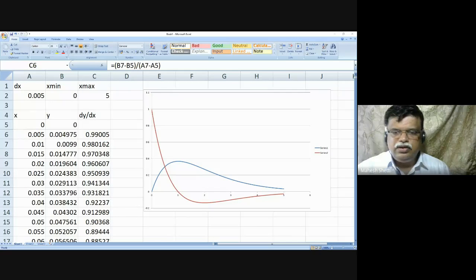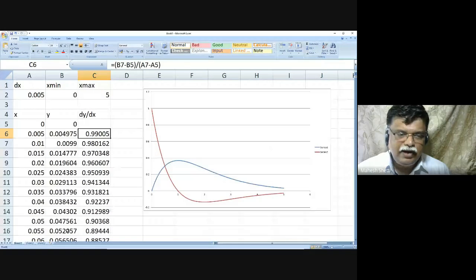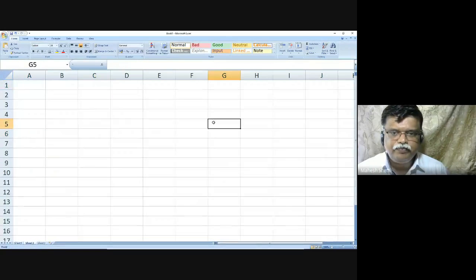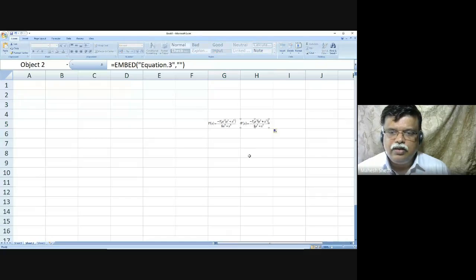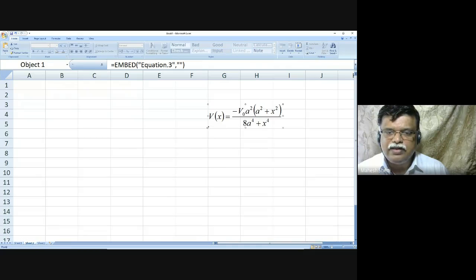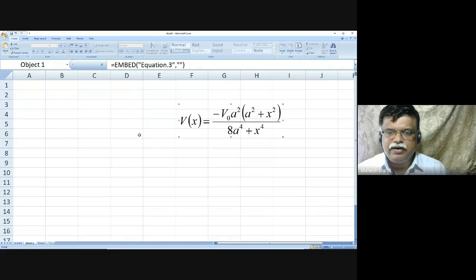So let us suppose a potential is given by, let me write that here. Let me expand this equation. I just copy pasted this particular equation.